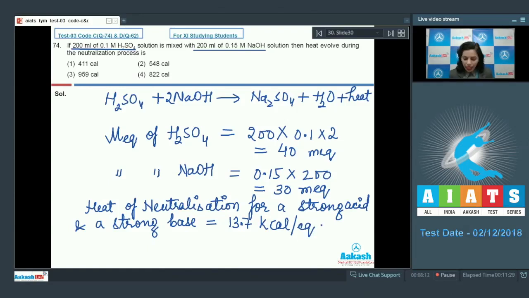So how many equivalents we have? We have 30 into 10 raised to the power minus 3 equivalent, because milli equivalents are 30.